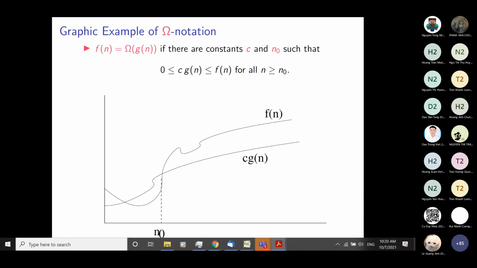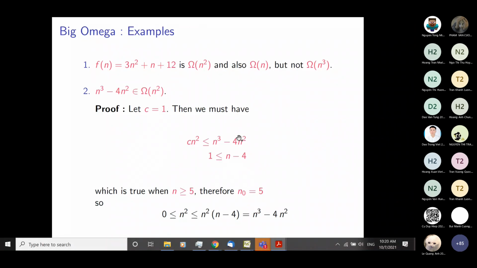Again, the running time f(n) is always greater than c g(n), and we can prove this in 2 ways. We can decide that c is equal to 1, and then find the n0 such that f(n) is always greater than g(n).